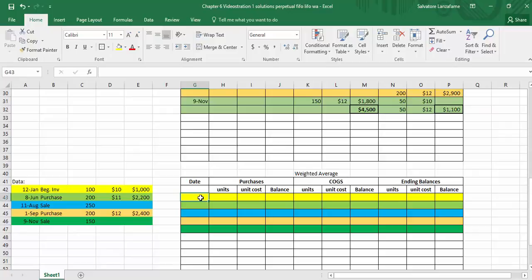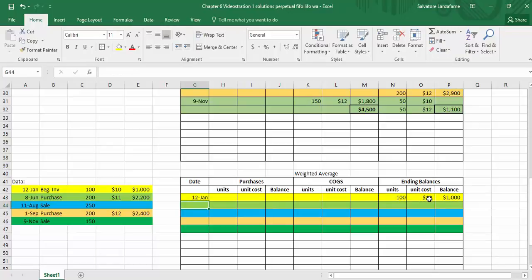Okay, so January 12th, and the ending balance 100 at $10. So let me just copy those in here. And as we can see, again, for the third time we have $1,000 worth of inventory to start the process.